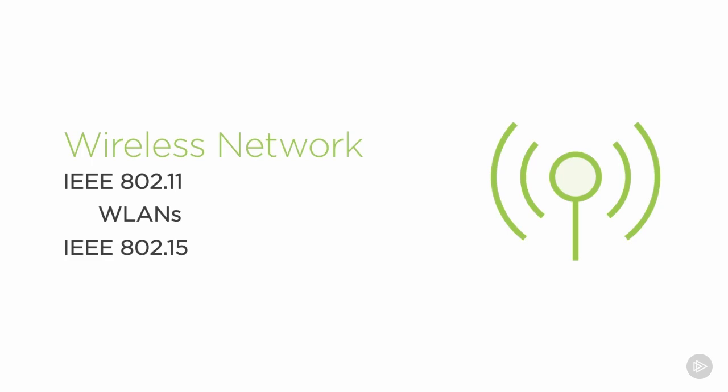You then have the IEEE 802.15. This is usually used in wireless personal area networks, and the most common implementation of that is Bluetooth. Very short range, 10 meters, 30 feet. The idea behind Bluetooth is that you're just able to communicate between two devices that are close to one another, and because it operates as well in that 2.4 gigahertz bandwidth, one of the things it utilizes is what we call frequency hopping spread spectrum.